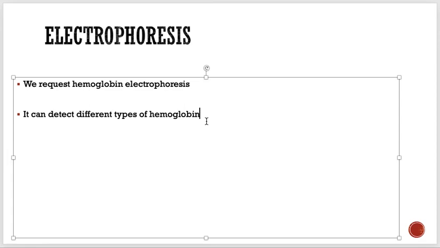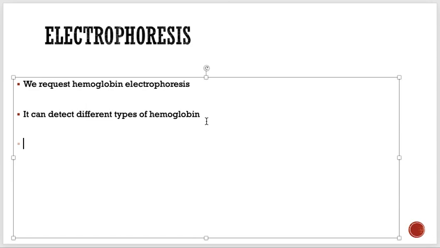So it can detect different types of hemoglobin. Simply, there is a gel inside, and that gel helps in separating different hemoglobins, and the test can detect abnormal hemoglobin. If hemoglobin S is more, sickle cell disease is there. If beta chains are more, think about beta thalassemia.